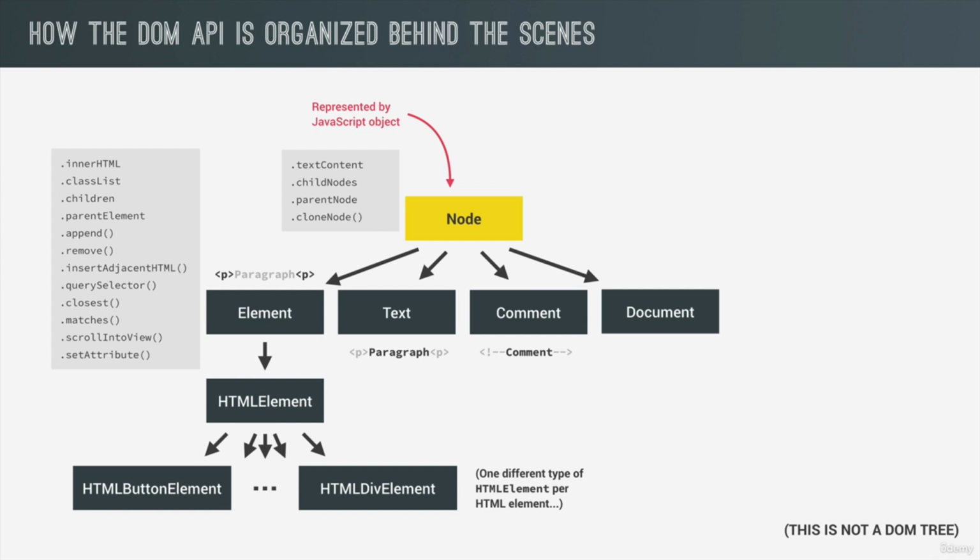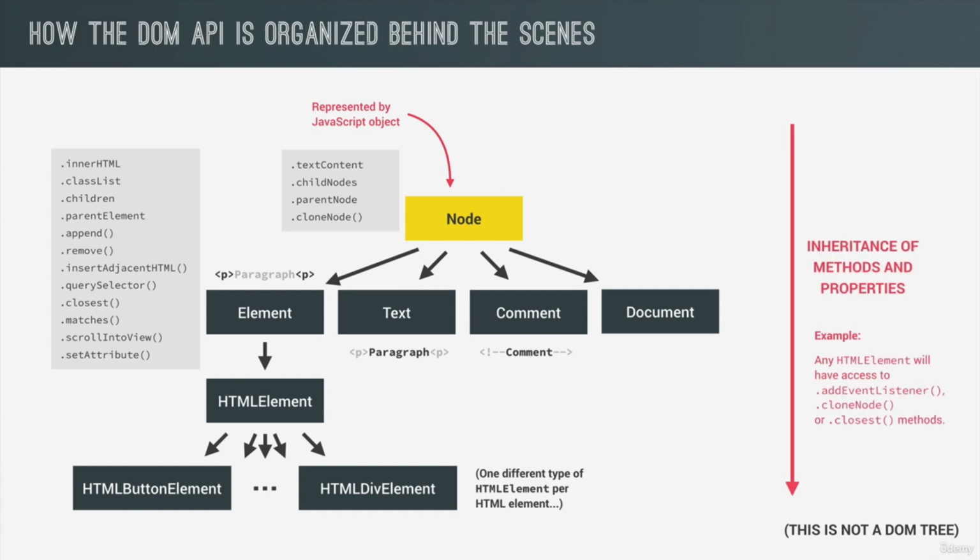Because what makes all of this work is something called inheritance. So what is inheritance? Well, inheritance means that all the child types will also get access to the methods and properties of all their parent node types.